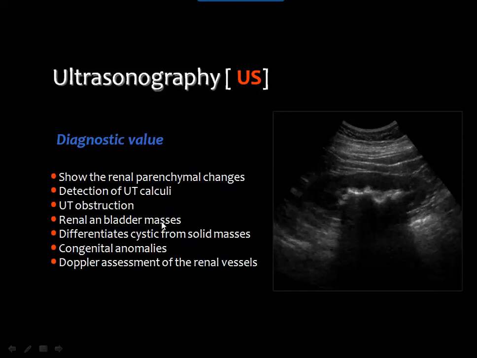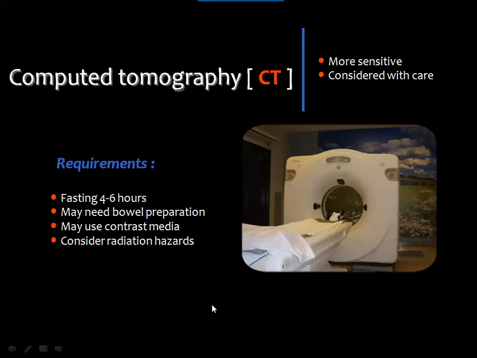Detection of renal and bladder masses can also be conducted by ultrasound. Differentiation between cystic and solid masses along the urinary tract, detection of congenital anomalies, and the use of Doppler evaluation for the renal vessels and the vascularity of some of the masses before having a guided biopsy, for example.